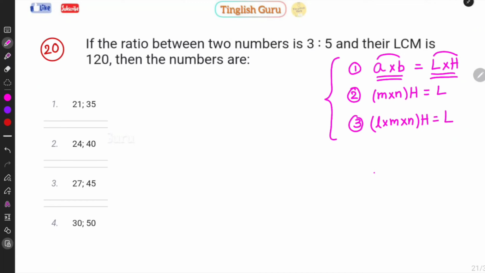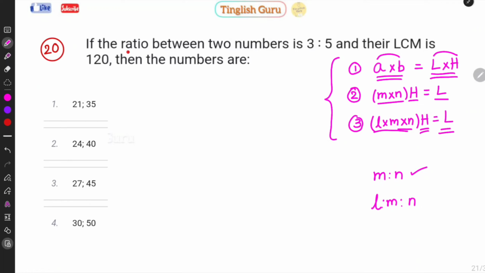And if two numbers are in the ratio m is to n, then m into n into HCF is equal to LCM. Let us say there are three numbers in the ratio l is to m is to n, then l into m into n into HCF is equal to LCM. These are the most important formulas. You have to remember them, write them down in your notes.